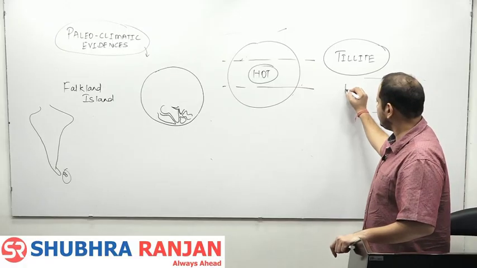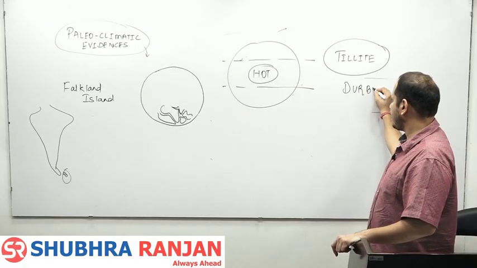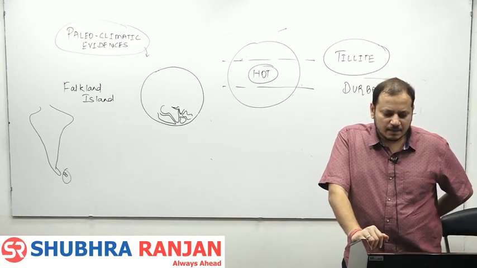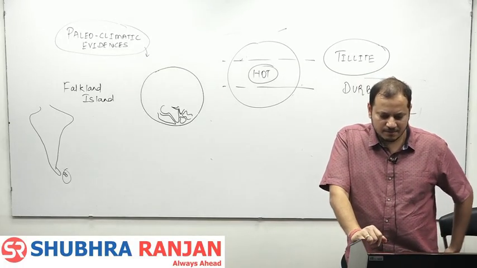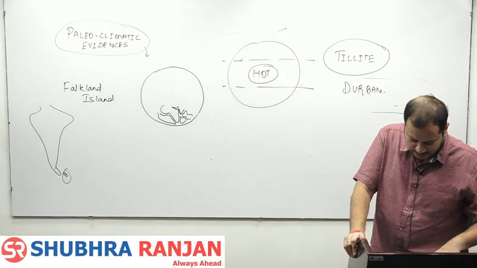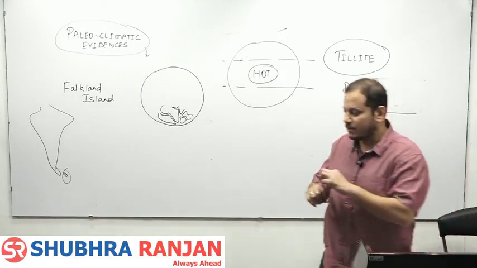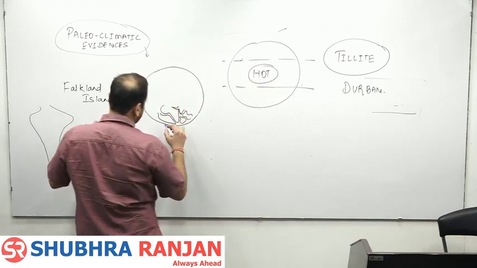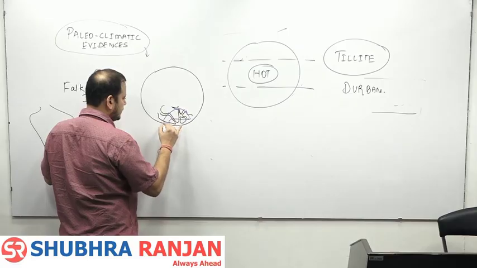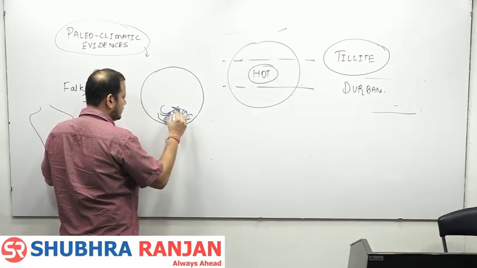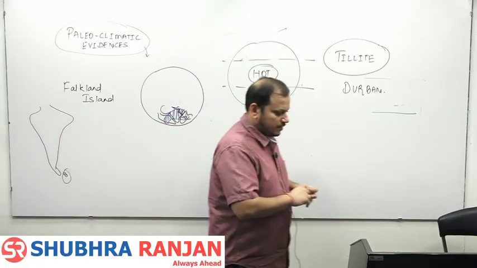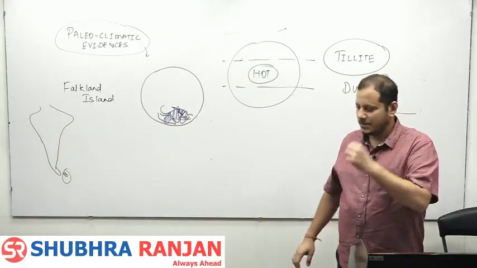Where is Durban? South Africa, present day Durban. And all these continents as a part of Gondwana landmass were located near the South Pole.